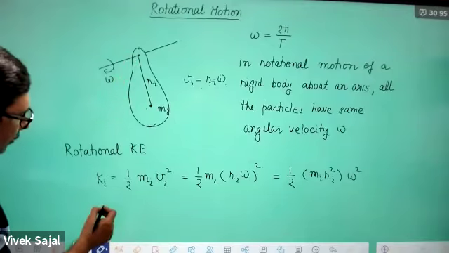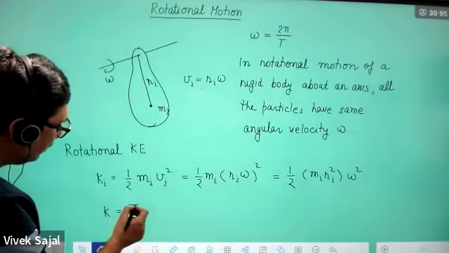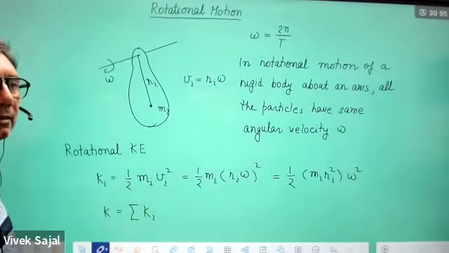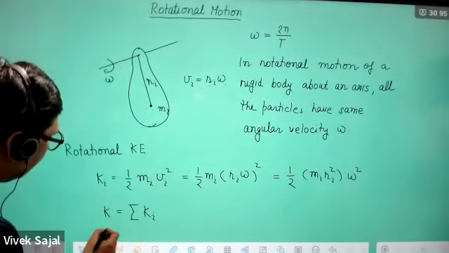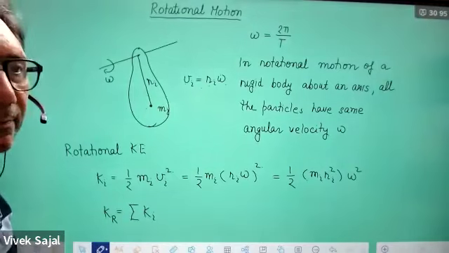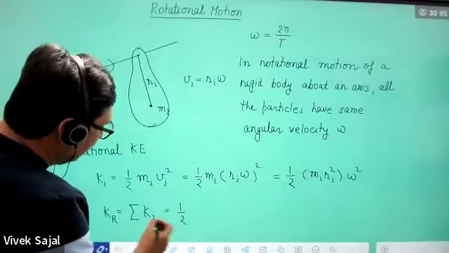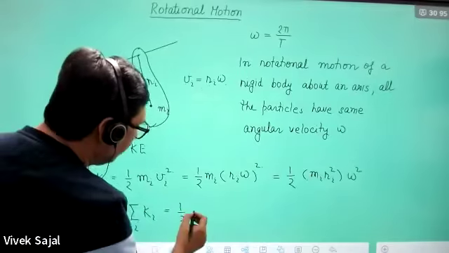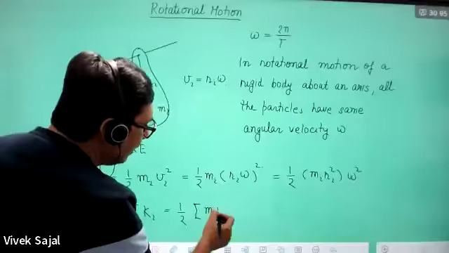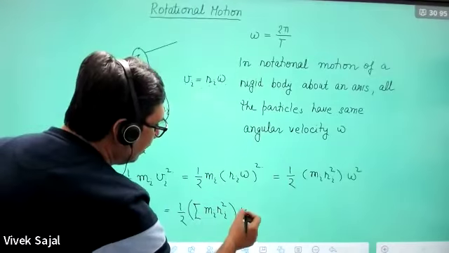Total rotational kinetic energy Kr will be equal to the sum of the rotational kinetic energy of all the particles, because this is a scalar quantity. So Kr is sigma of Ki, which is 1 by 2 sigma mi ri squared omega squared.